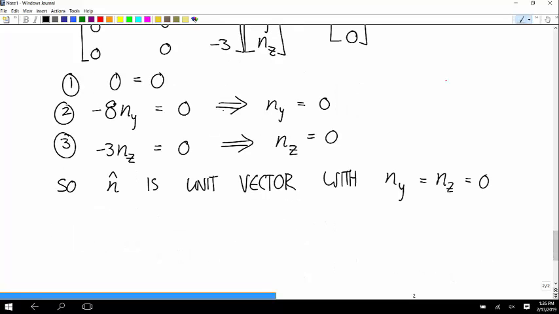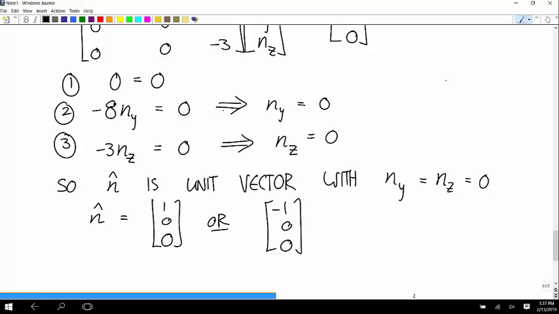Yep, it could be 1, 0, 0, or it could be -1, 0, 0, and those are the only two possibilities. Those are the only two unit vectors that satisfy those restrictions, because it's an outward-facing normal unit vector.